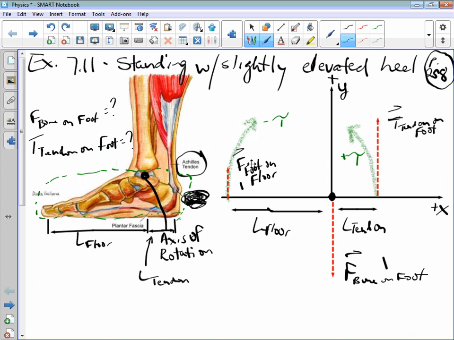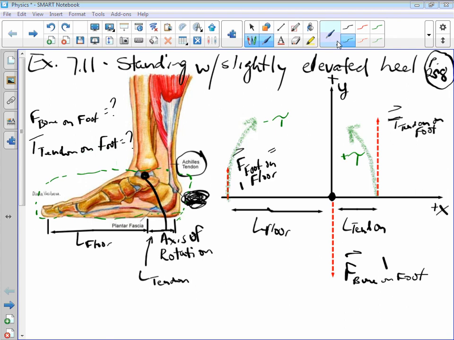We can sort of figure out what the force of the foot on the floor would be. It would be the body weight, essentially, because all your body weight would be on your toes. We do know something about the force of the foot on the floor.